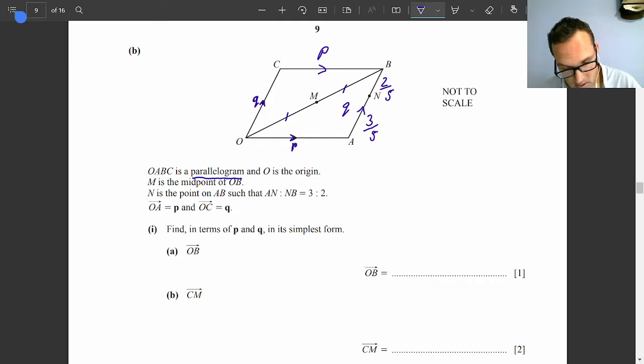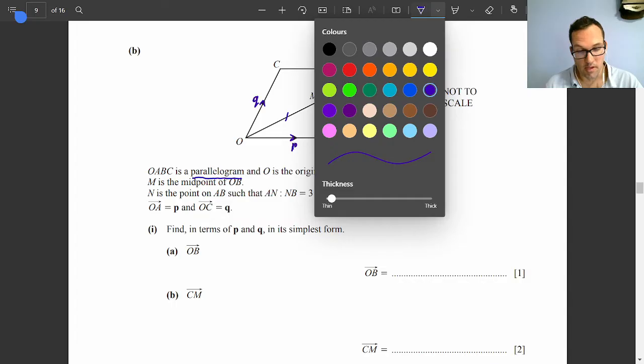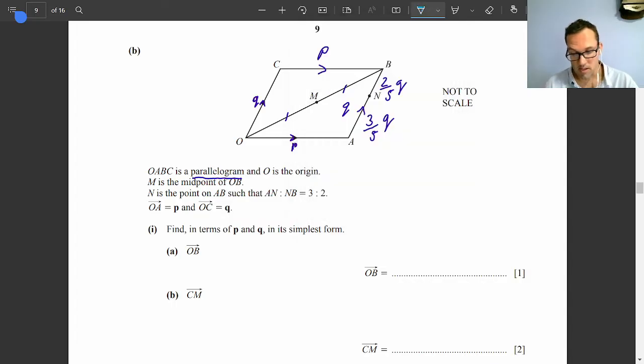So we can say NB is 2/5 Q, and AN is 3/5 Q. Okay, that is all the information we can get from reading the information at the top very carefully.